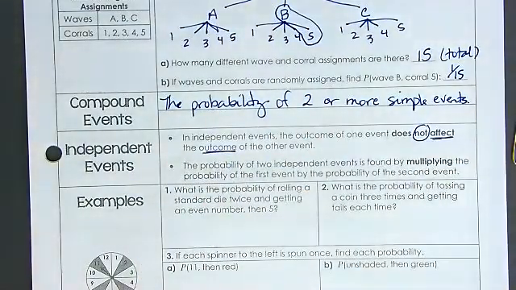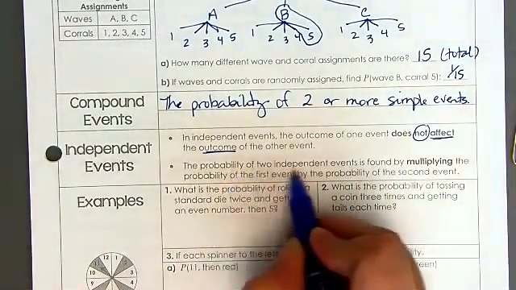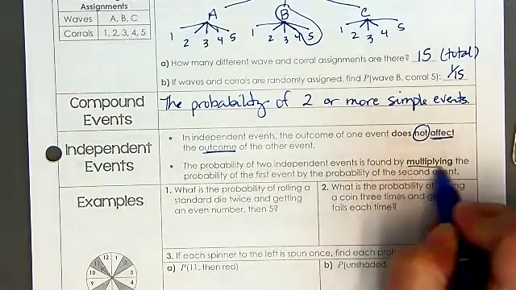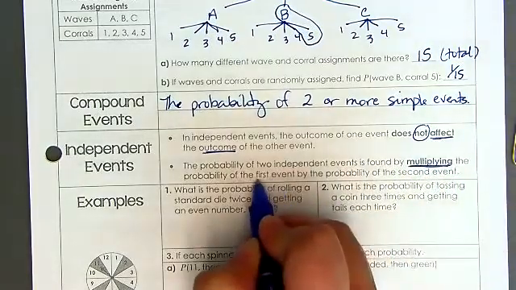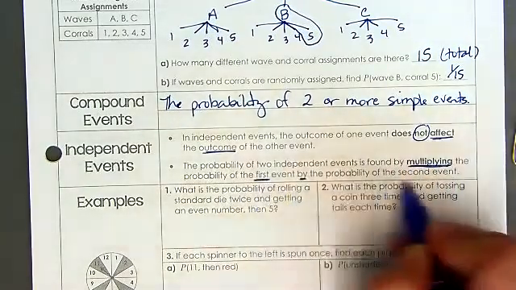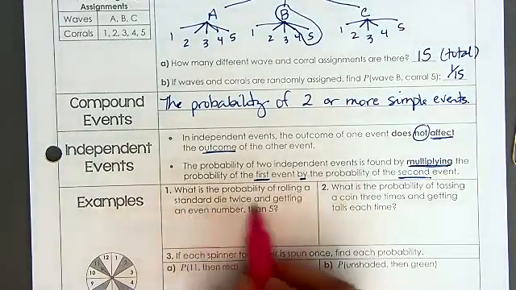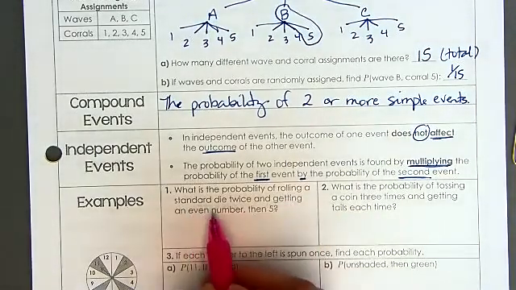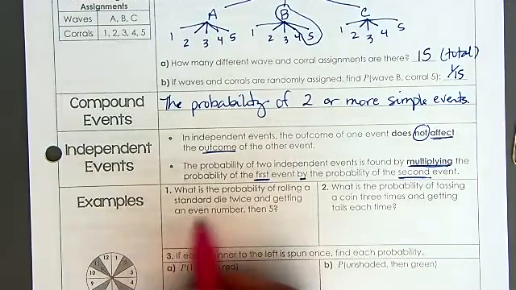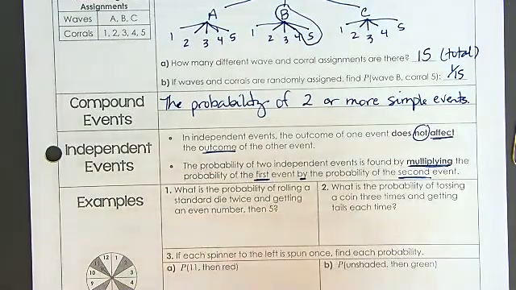That means the 2 things are not going to be related to one another, or they're not going to depend on each other. The probability of 2 independent events is found by multiplying the first event by the second event. For instance, in number 1, what is the probability of rolling a standard dice twice and getting an even number, then a 5?